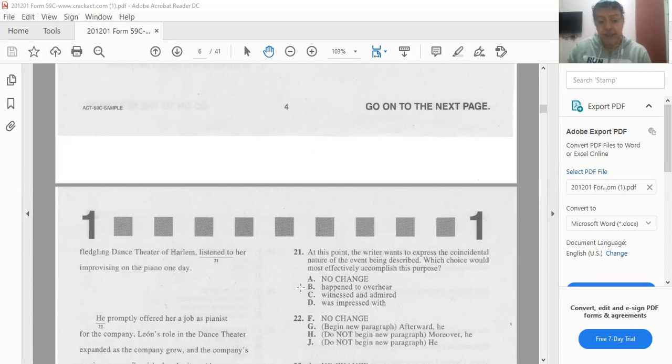So B is the best answer. Witnessed doesn't reflect that. Impressed also does not reflect that. So the best answer for question 21 is B, happened to overhear, because it reflects the coincidental nature of the event. Now moving on to 22.